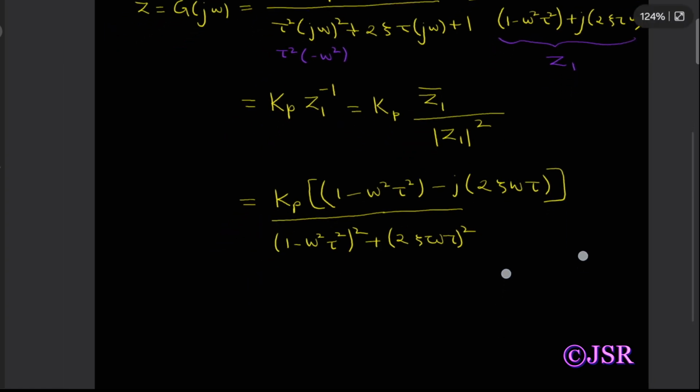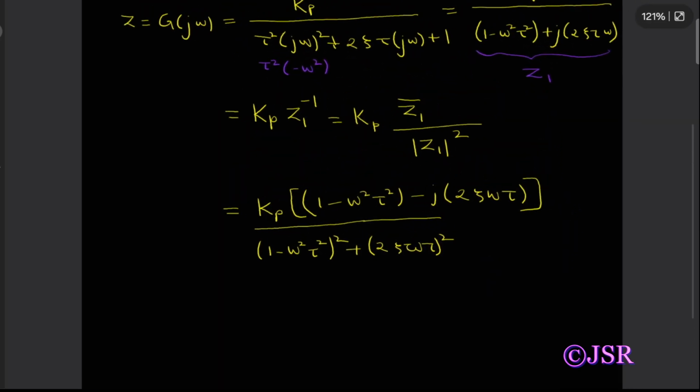So this is the capital G of j omega, that is equal to Z.